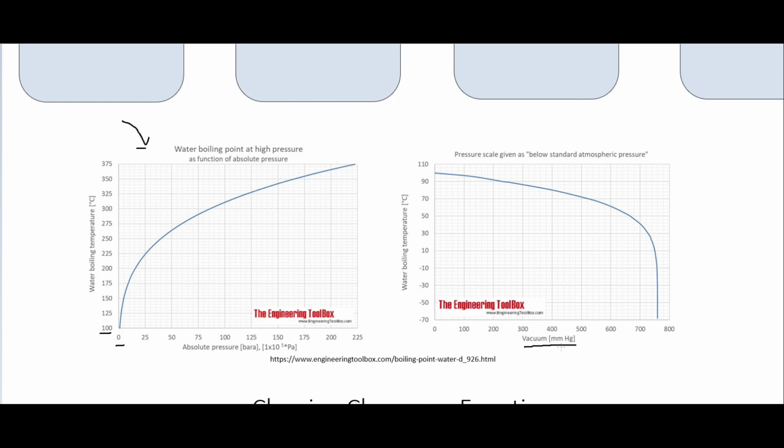This is in millimeters of mercury. So 0 would be at atmospheric pressure, so 760 millimeters of mercury. And then this would be 660 millimeters, 560, and so on, until we get over here where this would be at vacuum pressure. And so we see that the boiling point of water will decrease as we reduce the pressure.